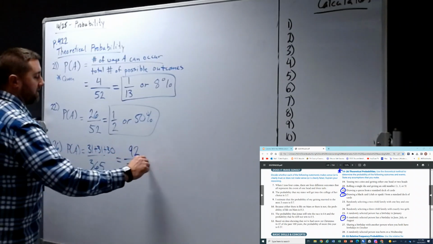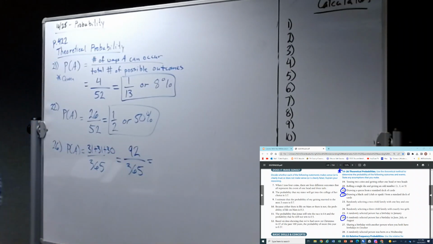All right? Now, with your scientific calculators, will 92 over 365 reduce? One's even, one's odd. It's not to say that it's not going to reduce because of that, but it makes it more difficult.